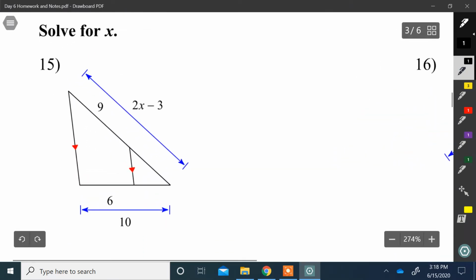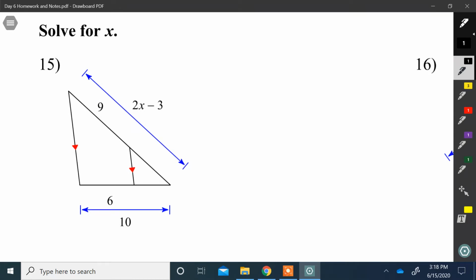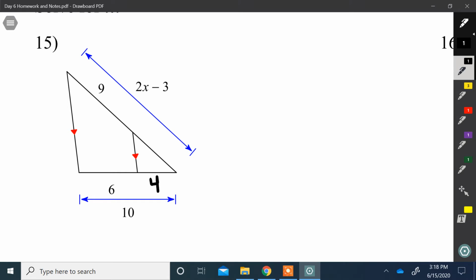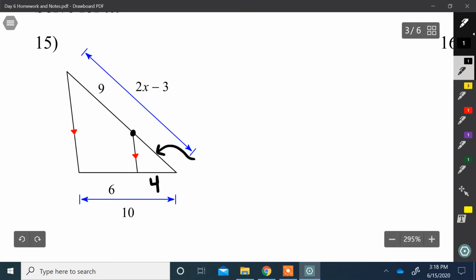These ones are a little bit more challenging, and you will see in a second why. If this is 6 and the whole thing is 10, then this will be 4. Okay? Now this right here, what is this? We need to be able to get that part from here to there.